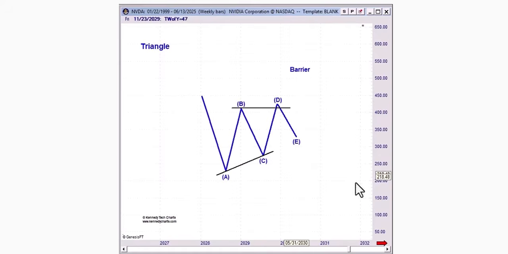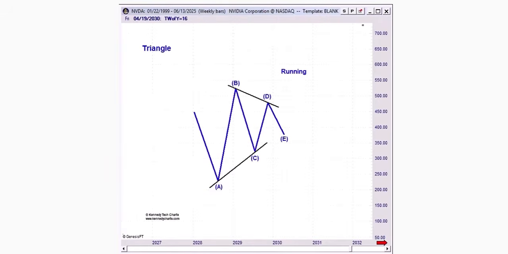It's nice if a market stops and reverses at the tick of a 618 retracement, but very seldom does that actually occur. But this is a barrier triangle. And again, all a barrier triangle is, is the same thing as a contracting triangle, except the BD trend line is horizontal.